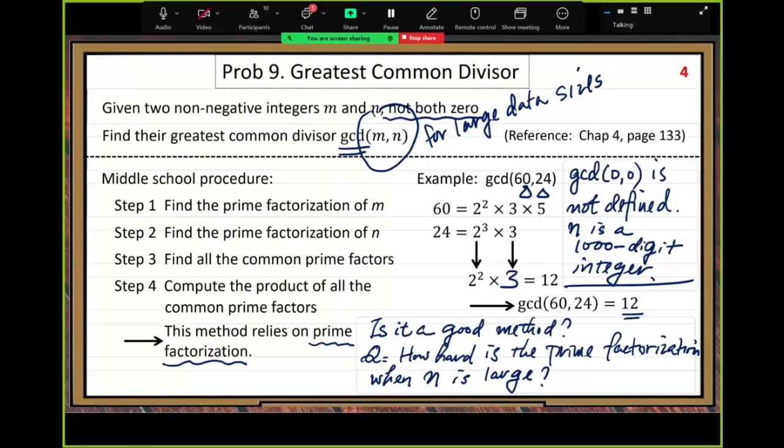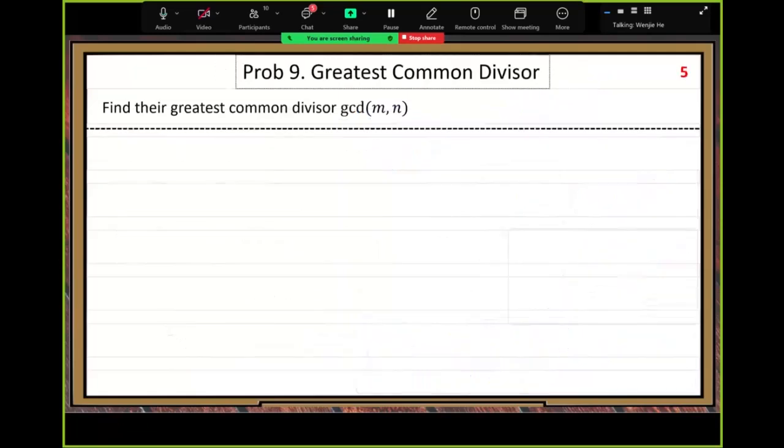So we have to find a much better algorithm to find a solution. That's the reason we want to consider the second algorithm. The goal is to find an efficient solution when our input numbers m and n are extremely large. Think about that.